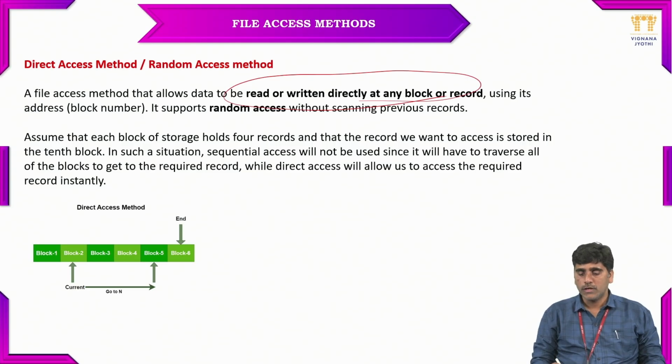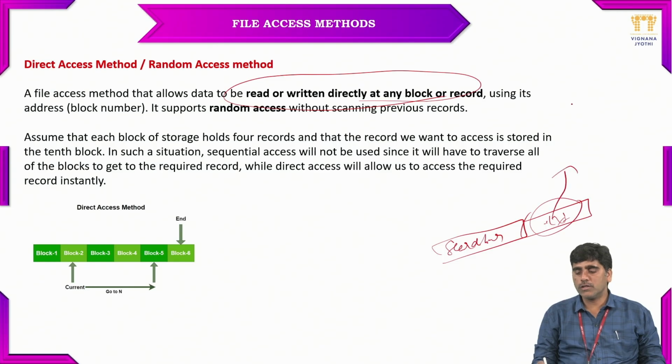Suppose in the search bar of your computer system you type .txt. It displays all the files which are extended with .txt. It displays all the .txt files in a random manner. Out of all those files, you can access your file.